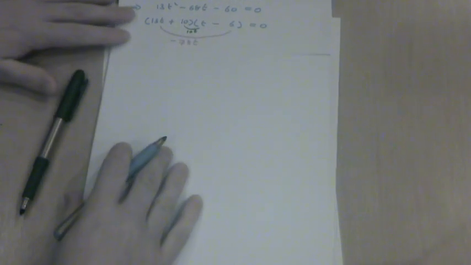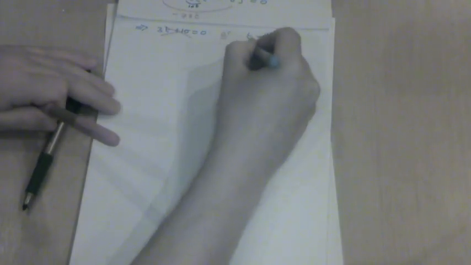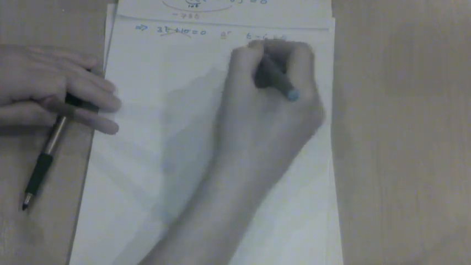To get 68, we want a minus 78t and a plus 10t, so we need a minus and a plus. Solving both of these factors, we get 13t plus 10 equals 0, or t minus 6 equals 0. The only solution we're interested in is the positive time, so we can ignore the other solution. Therefore the time is 6 seconds.